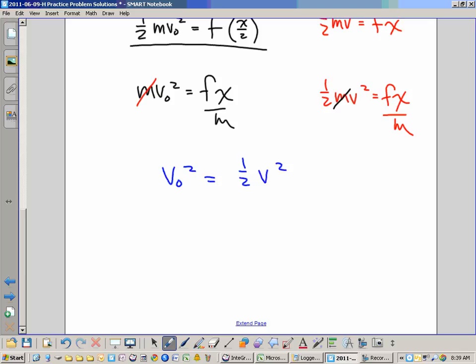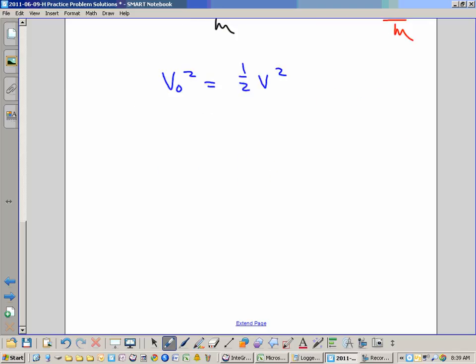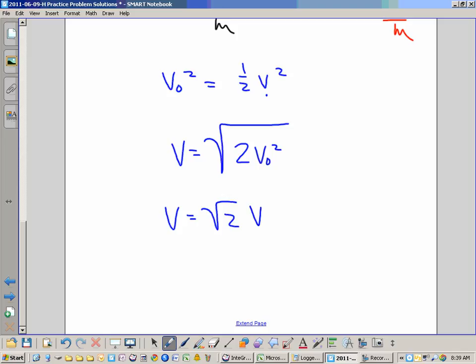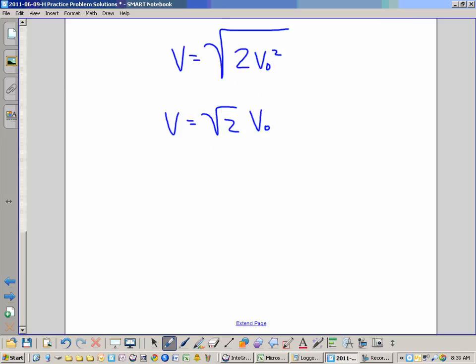Got it? All right. So now what are we trying to solve for? We're trying to solve for this v, the real v. So we just multiply each side by 2, take the square root. We got v is equal to the square root of 2 times v naught squared, don't we? So v is equal to the square root of 2 times v naught. Who was it who guessed that to begin with?